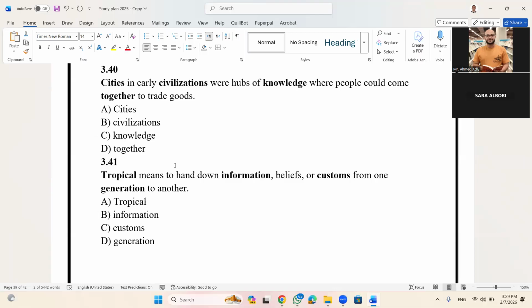Those places, for example Athens, were trade centers where people came together to swap, to barter, to sell things and buy things. So this is what the sentence is about.